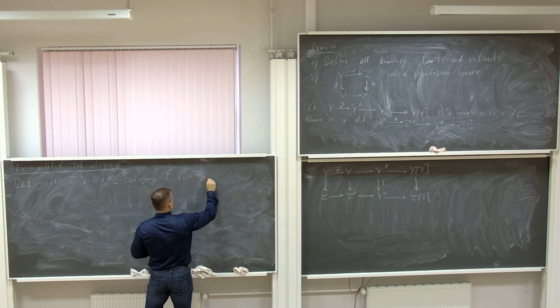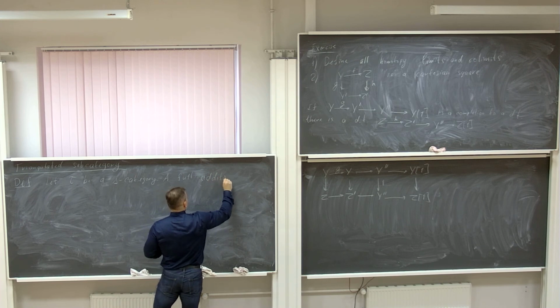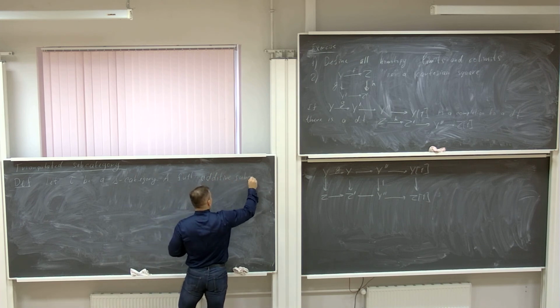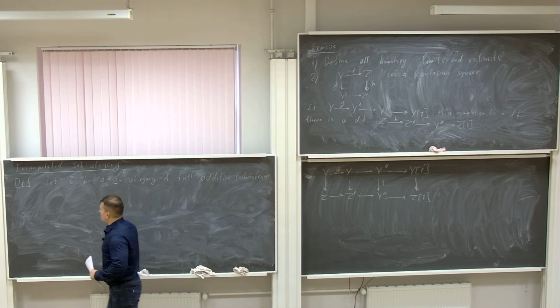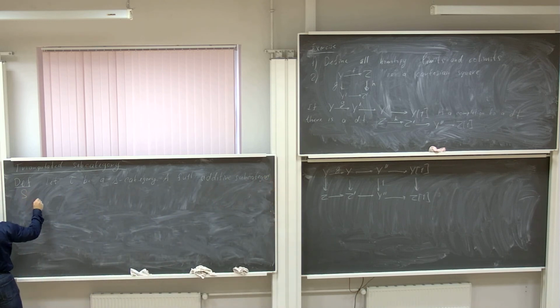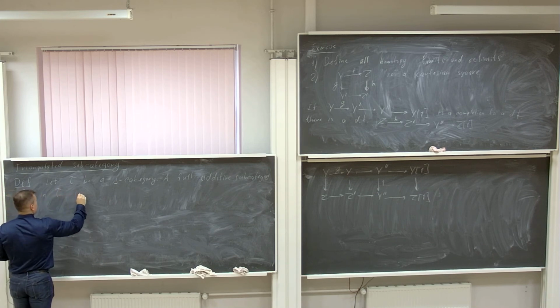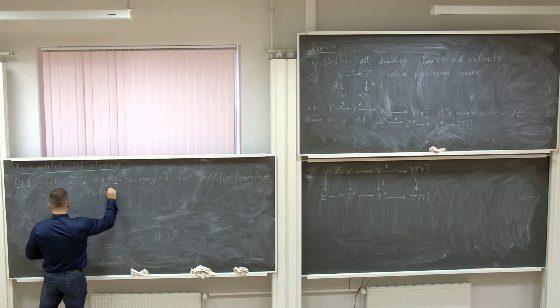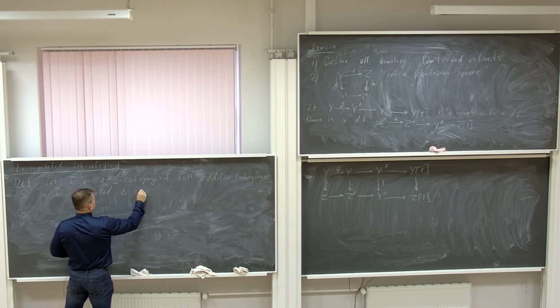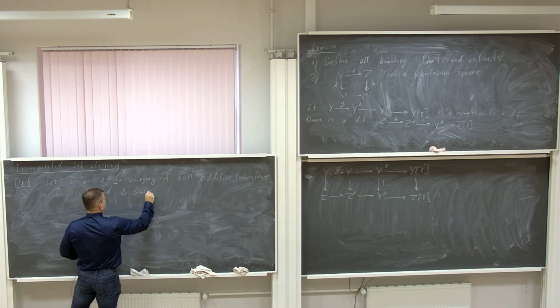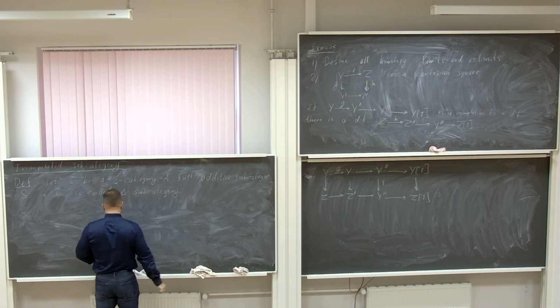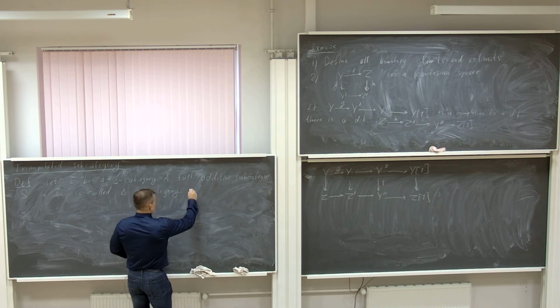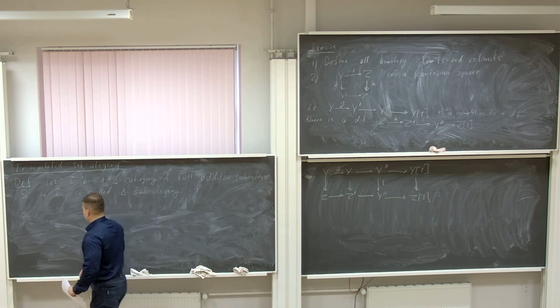A full additive subcategory, say S, in T is called a triangulated subcategory if you have again several conditions.